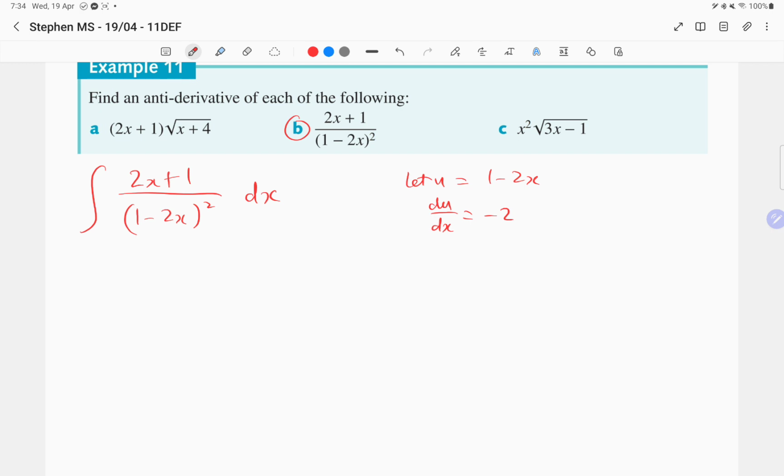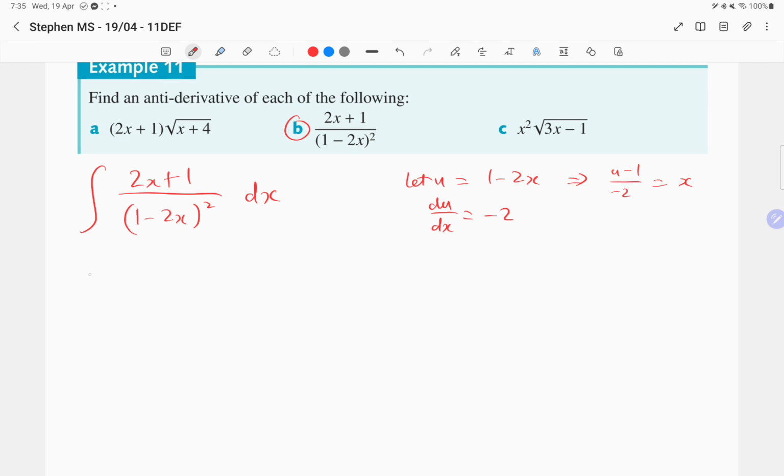Now it's a bit different: you need negative 2 in the expression in order to turn that into du. After this, I need to make x the subject, so that will be u minus 1, divided by negative 2, equals x. That's just rearranging.